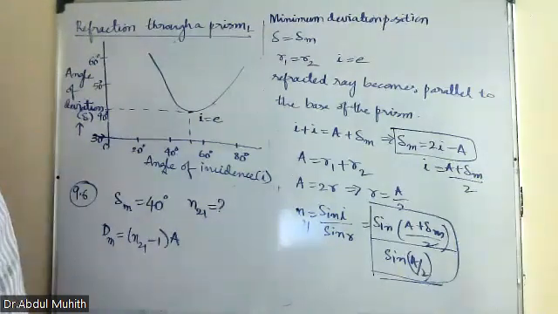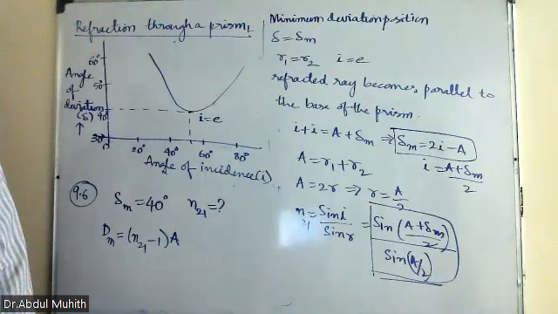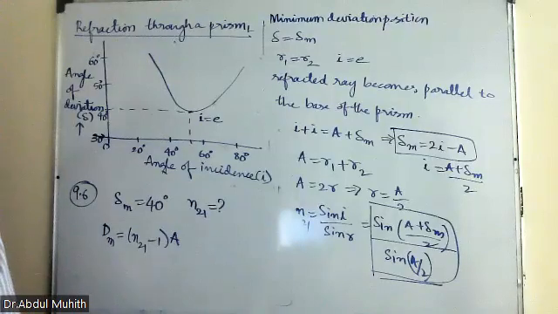Yes, it is mentioned: the refracting angle of a prism is 60 degrees. The angle of minimum deviation is 40. What is the refractive index of the material of the prism? The refracting angle of the prism is 60 degrees.